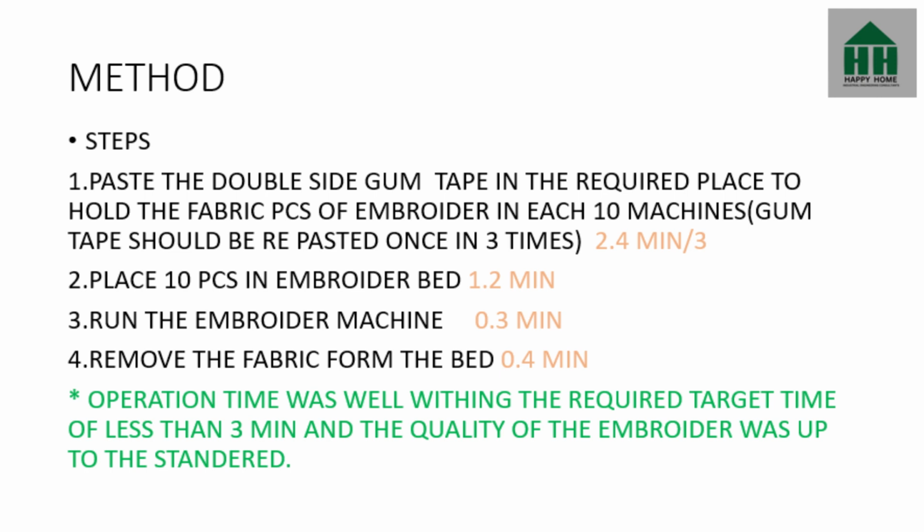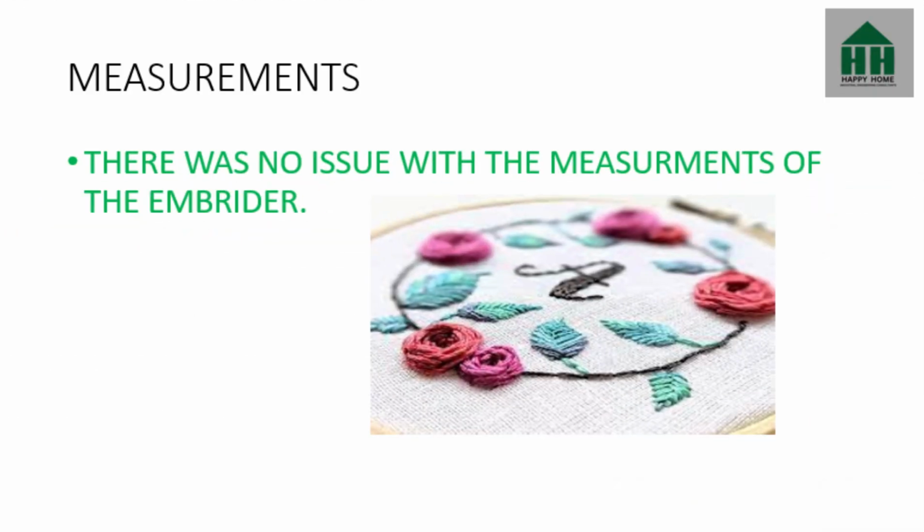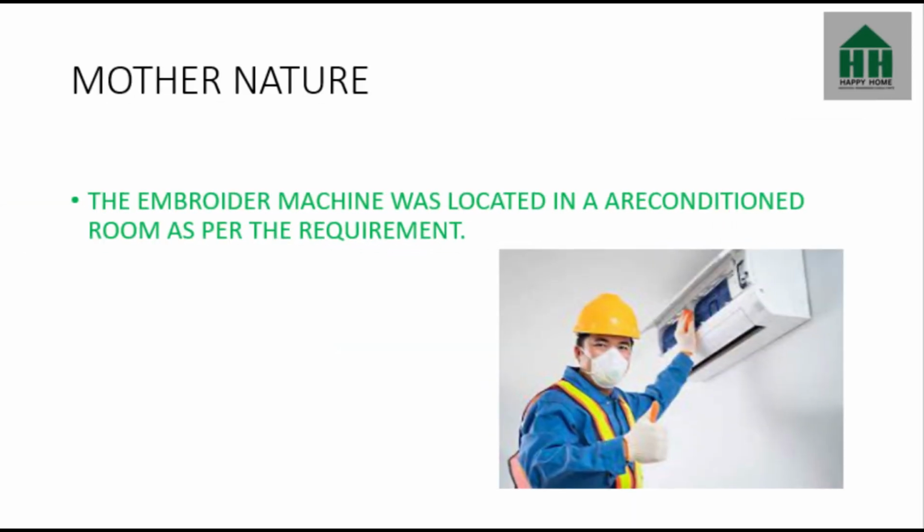So we found no problem with the method category. Under the measurement category we also found no issue, as all the required measurements were achieved perfectly. When we come to mother nature, it was about the condition of the working area. As the room was air conditioned, we assumed that mother nature should be okay.